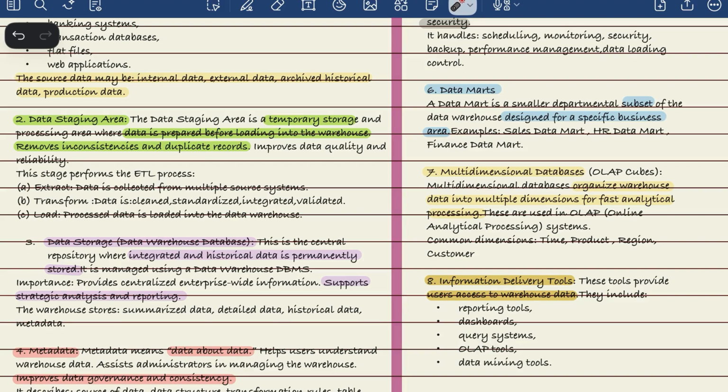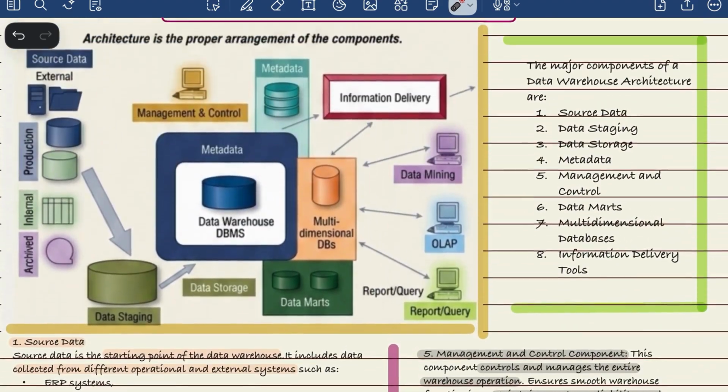How would you know that this is external data, or that this came from CRM, or that this was Excel file data? Because if you store information about all the data inside the data warehouse, you can easily navigate through the entire data warehouse. That is why we need metadata. It is a very essential part of the data warehouse.